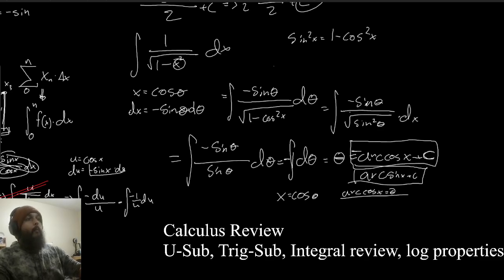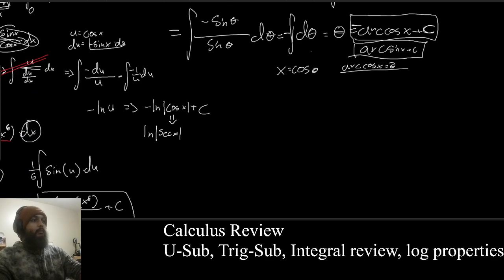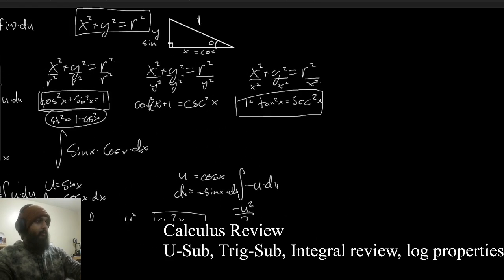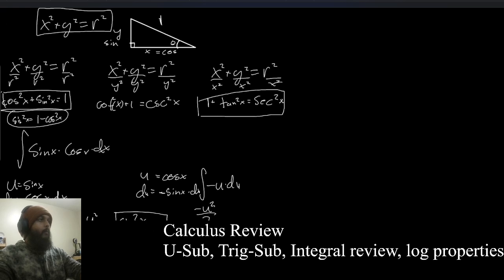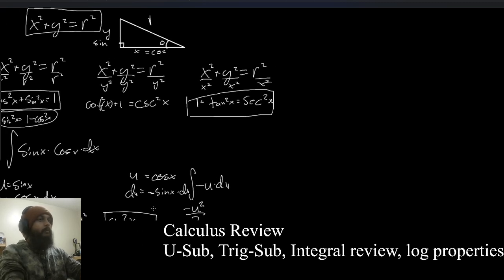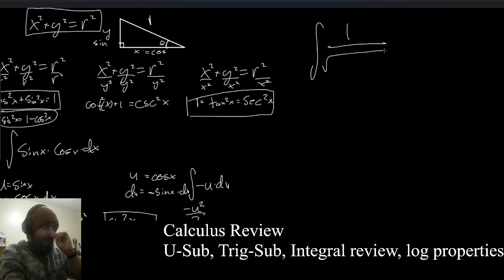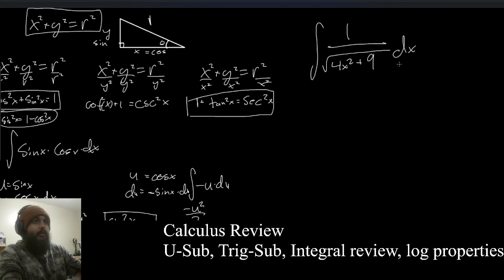Now I'm going to throw in some constants. So let's do this. This is where you have to do the x over something and make the triangle. So I'm going to do the integral of 1 over the square root of 4x squared plus 9 dx.